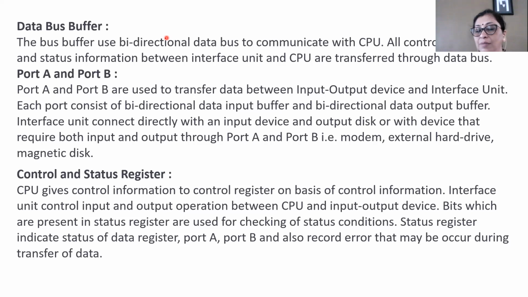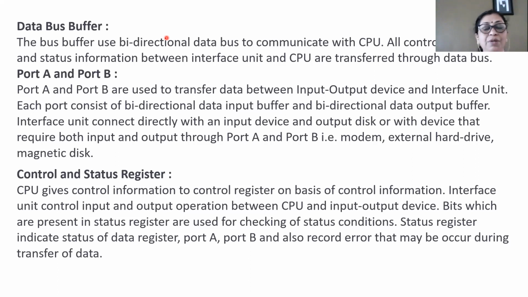Bidirectional means either you can perform an input operation or an output operation, and sometimes both operations can be performed on a particular device. If you consider a keyboard, it is going to perform an input operation. If you consider a monitor, it is going to perform an output operation. But if you consider memory, then it is going to perform both input as well as output operations.